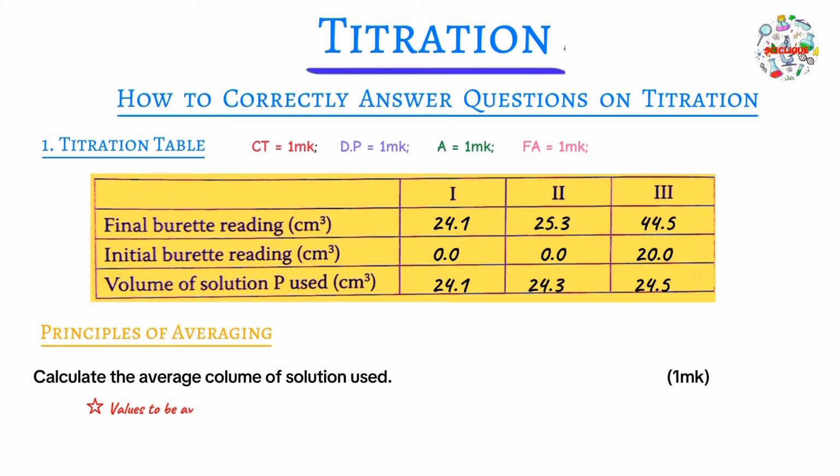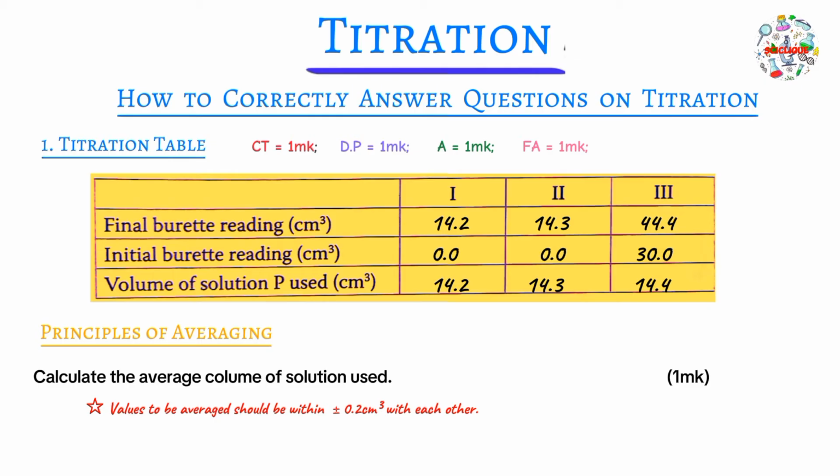Now, the first rule is that the values that you're supposed to average should always be within a range of 0.2 cubic centimeters of each other. That simply means that any of those values that you take should have a difference of 0.2 cubic centimeters or less with one another. So for example, if we have the following titers, 14.2, 14.3 and 14.4.